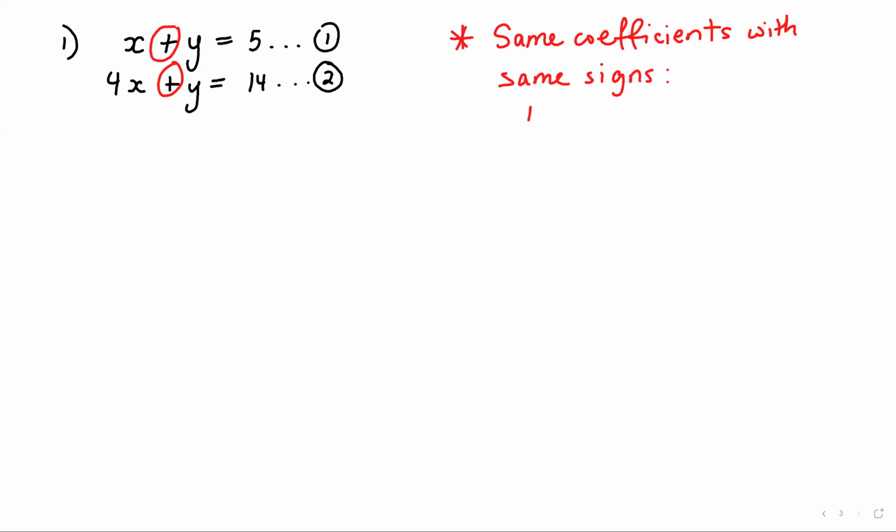In this case, you have plus 1 and plus 1, so I would subtract them to give me 0, so I could get rid of it. So I'm going to say equation 1, take away equation 2.